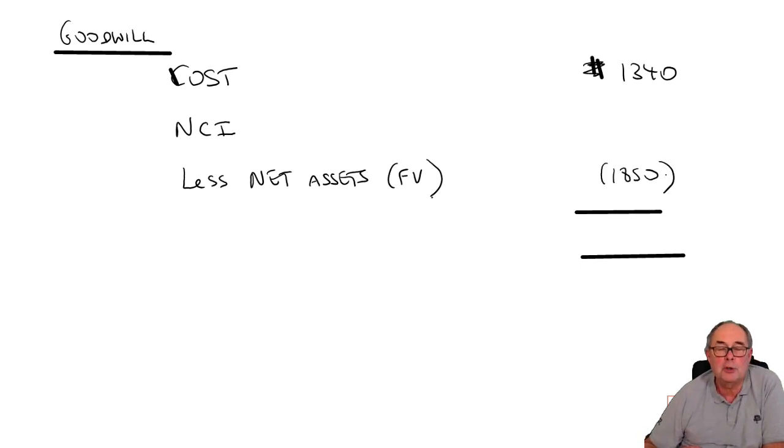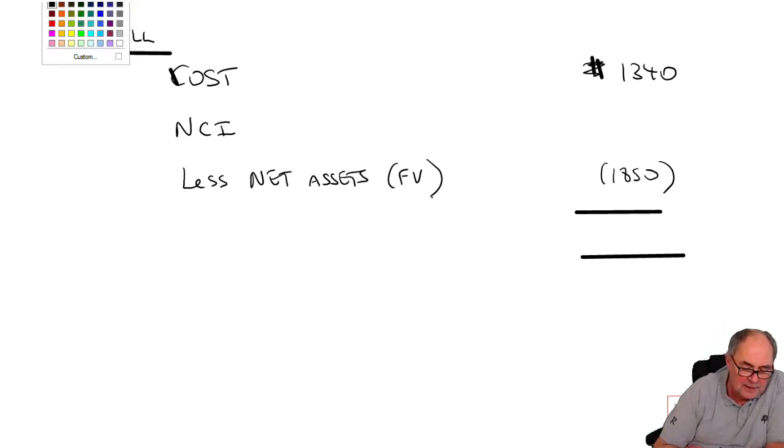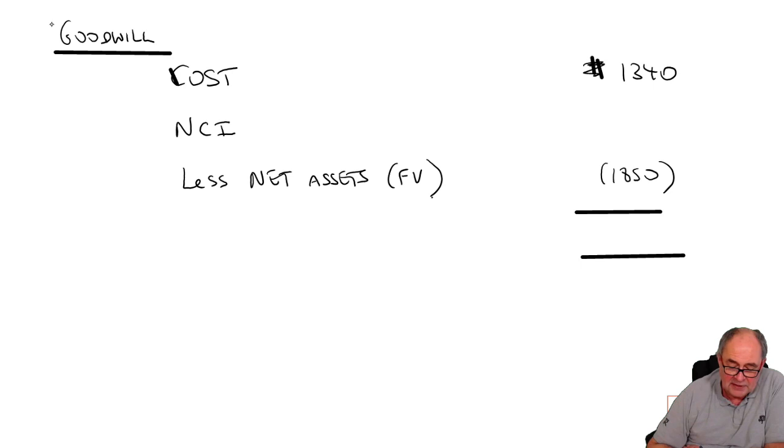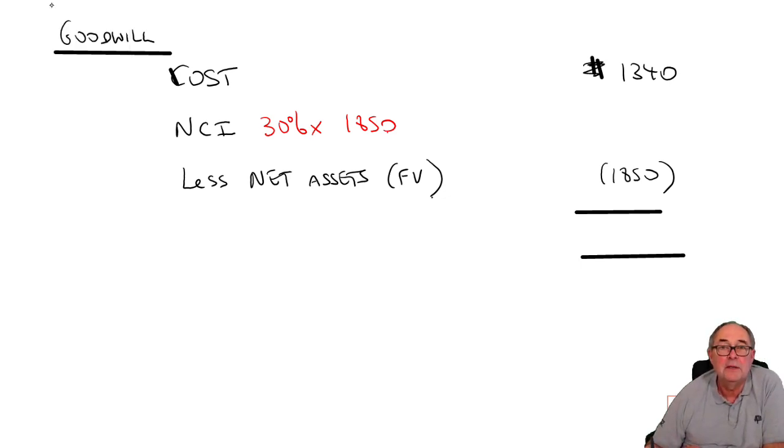When you do proportionate goodwill, remember what you have to do is give the NCI their share of the net assets. 30% of $18.50, I think. 30% of 1850 would be 555.